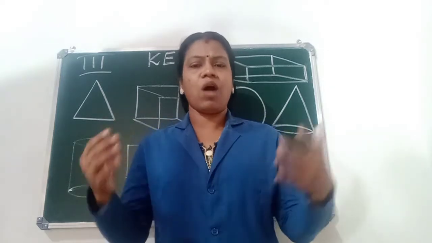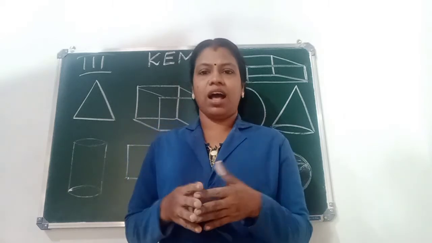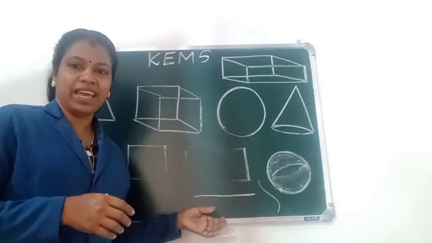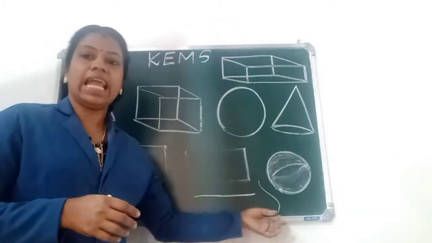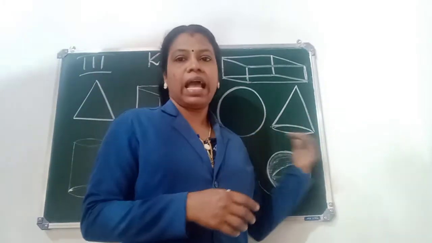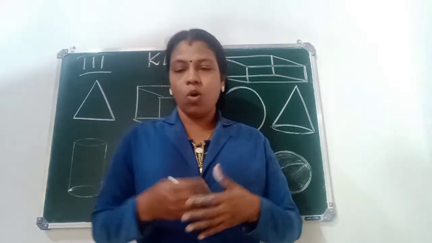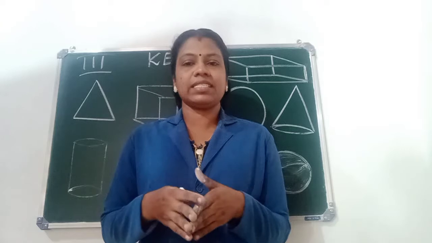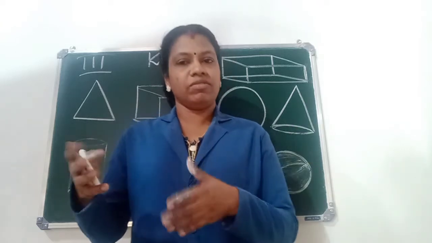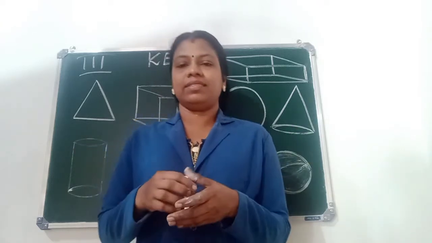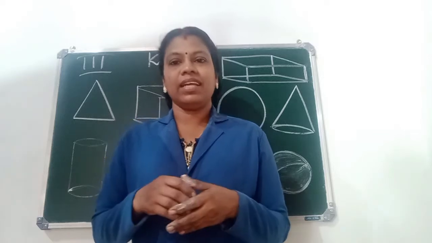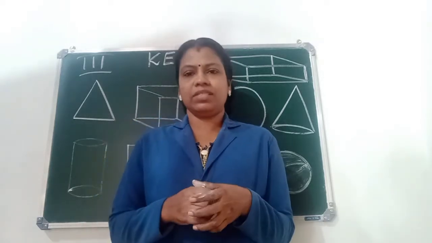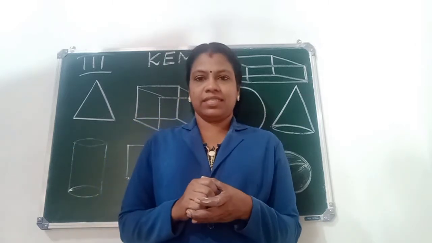The objects around us having straight edges are, yes, this board, blackboard, doors, windows, kite, box. We can say many examples which have straight edges.